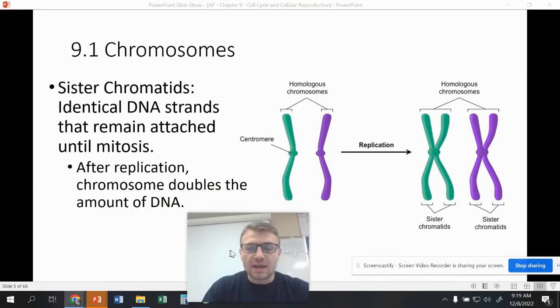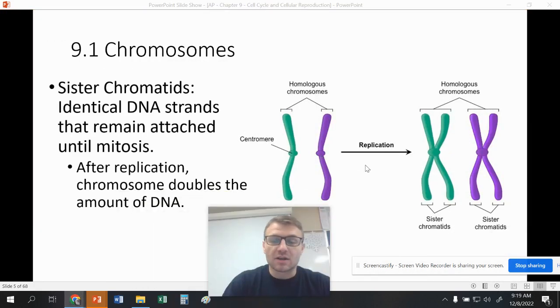Now, when we say that the chromatids are sister chromatids, these are going to be attached at the centromere. Like I said, these sister chromatids will have identical strands of DNA, which means, again, we're doubling the amount of DNA. We're copying it. We want the exact same DNA on either side.